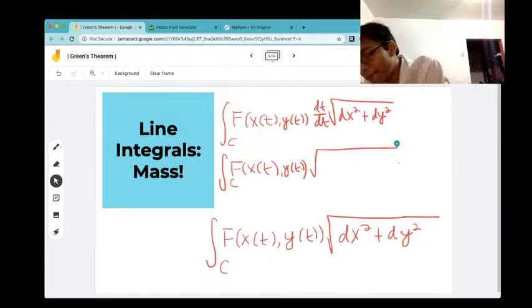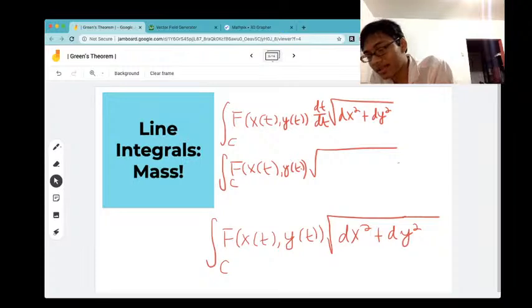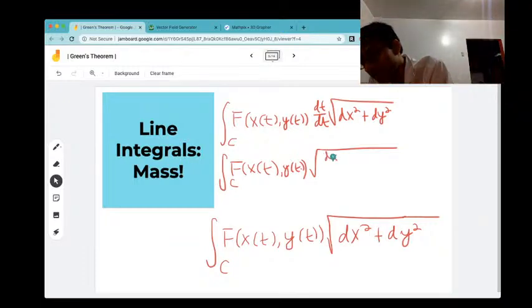So I'm going to get dx squared. Let's keep one of the dt's outside, just to be safe. So what I'll end up with is dx squared over dt squared plus dy squared over dt squared, all multiplied by dt.